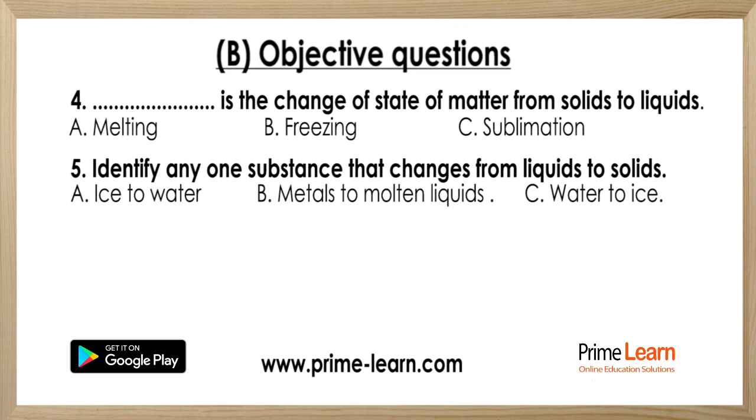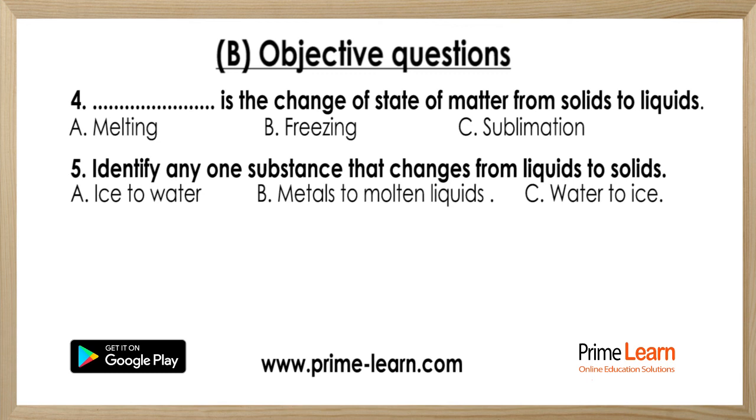Having known that, now let us try to identify the substances that can change from liquids to solids. Objective A, we have ice to water. Is ice in a liquid state? Is water in solid state? I think this one does not qualify because ice is not in a liquid state. B, metals to molten liquids. My dear friend, metals don't belong to liquids, and molten liquids does not belong to solids.